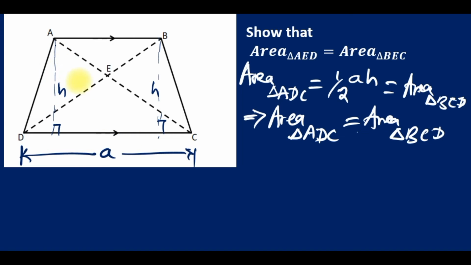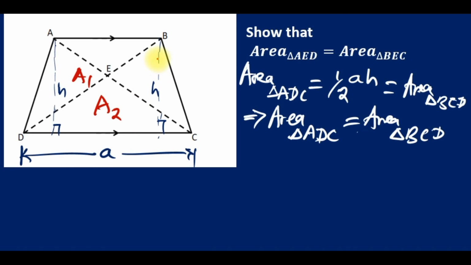If you look at it, you notice that the two triangles have a common area. They have DEC. So let area of triangle AED be A1, while area of DEC be A2.